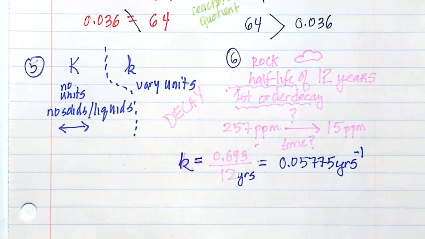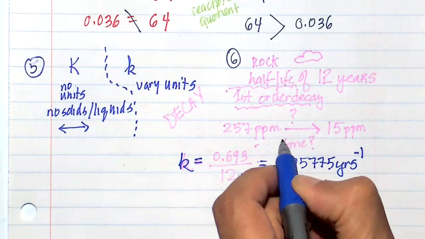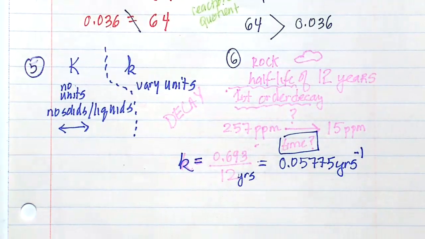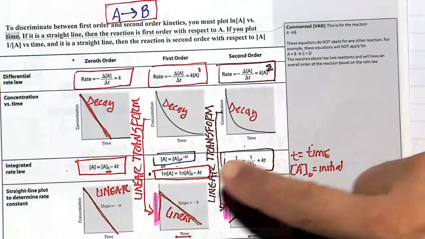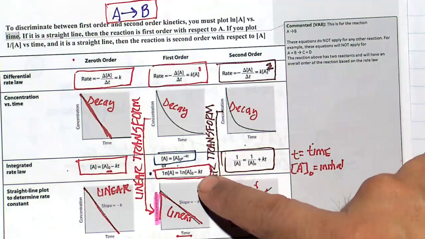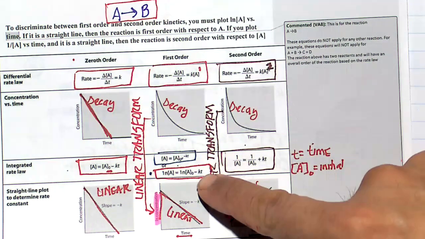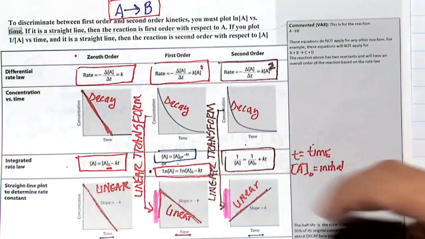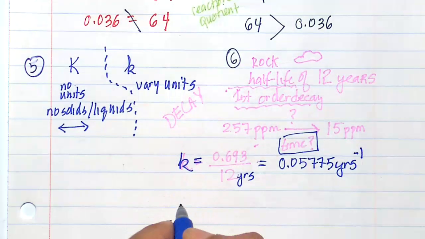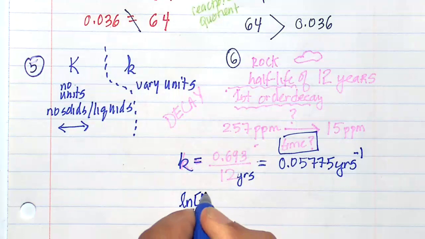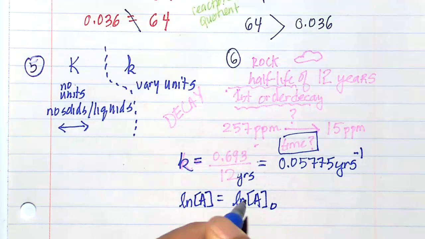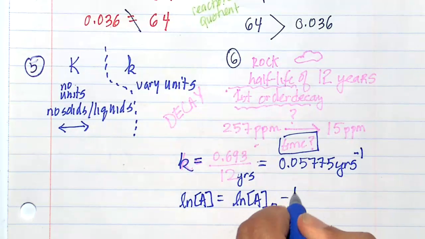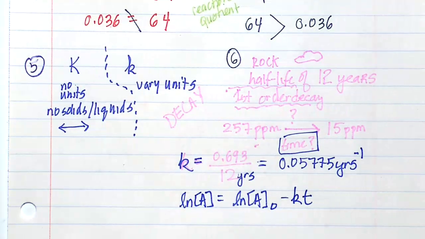All right, that's good. That doesn't really solve the question here, which is the time. Now we're going to go back here and look at our equation. We're not going to use this, and we're not going to use this equation. Instead we will use this equation. Let's write it down: natural log of A equals natural log of initial A minus kt.